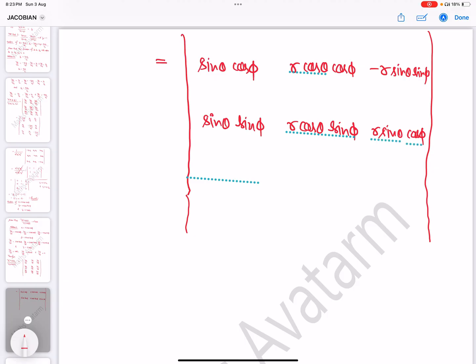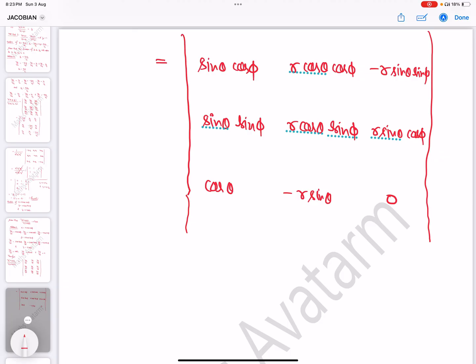Okay, now cos theta, minus r sine theta, and this is 0. Okay, now we will solve it.